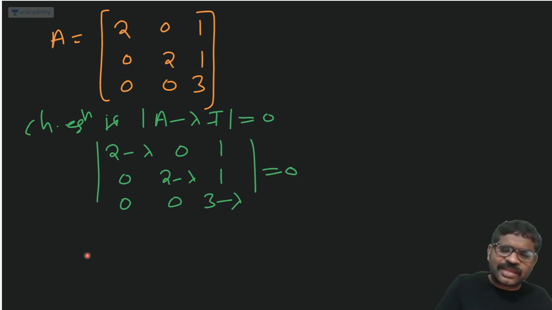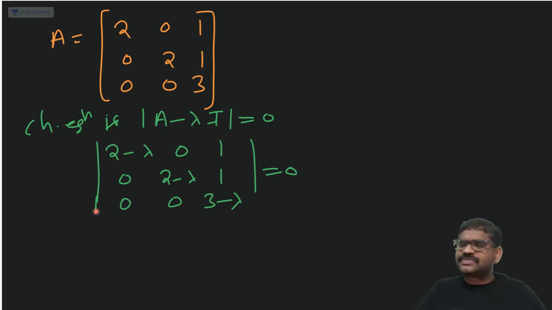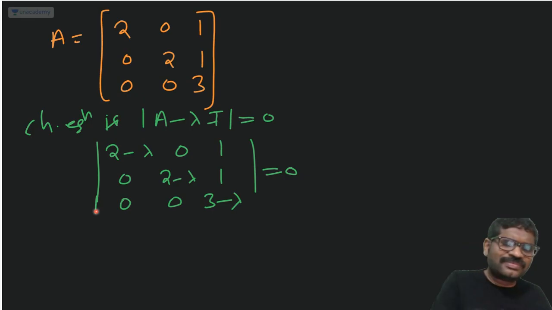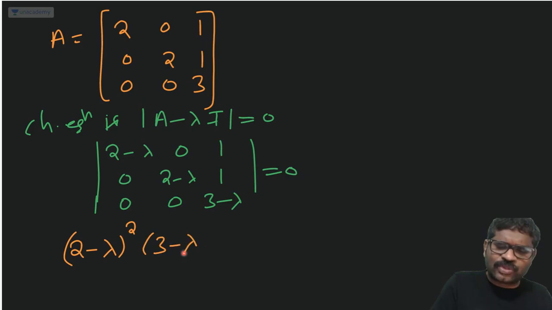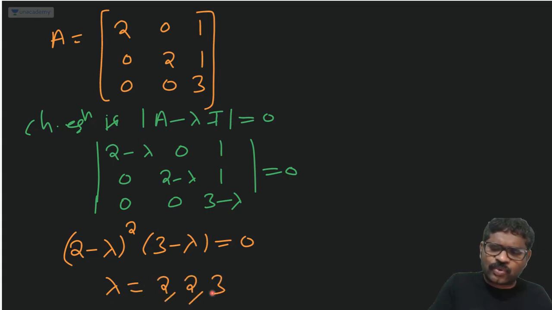Now, (2 minus lambda) whole square into (3 minus lambda) equal to 0. Lambda equal to 2, 2, 3.